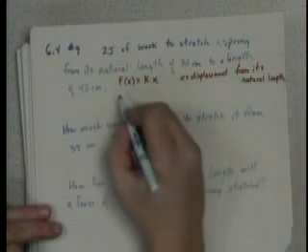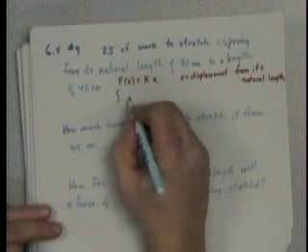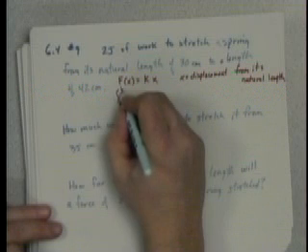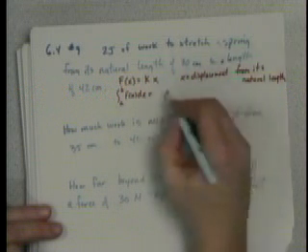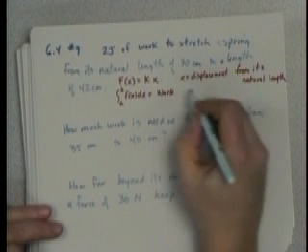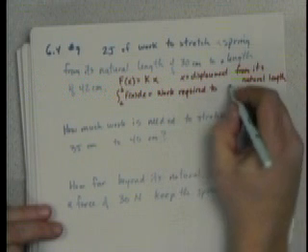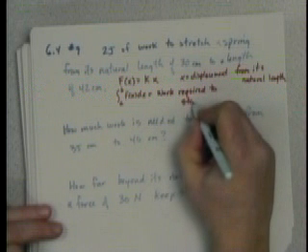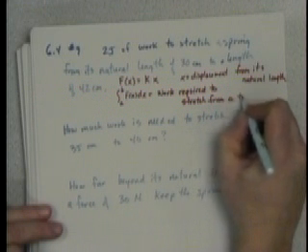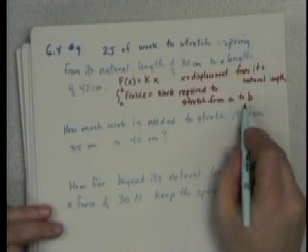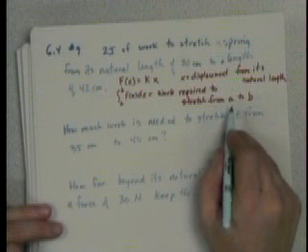Okay, and then the integral from a to b of f of x dx is the work required to stretch from a to b. But again, a and b are these distances from its natural length.